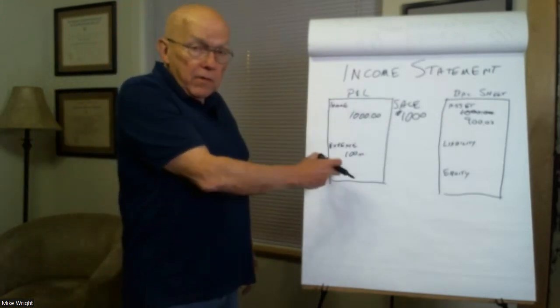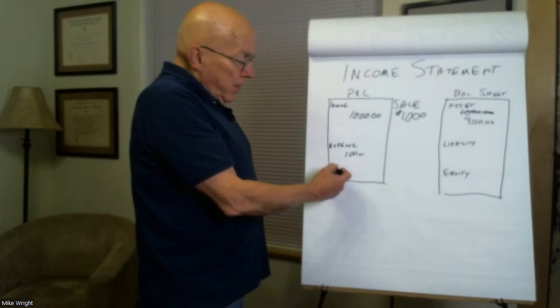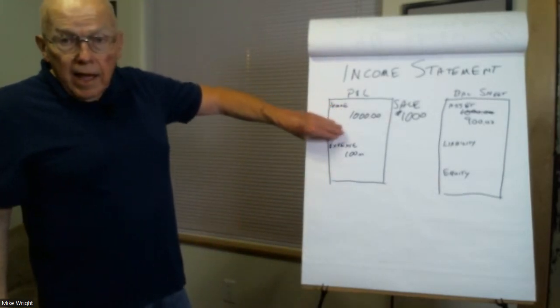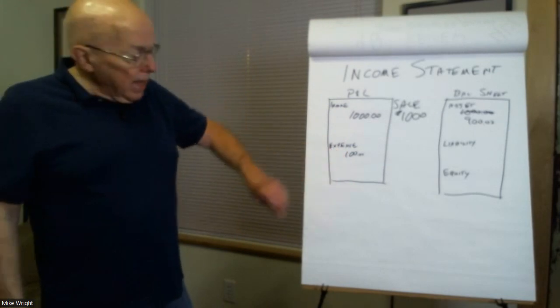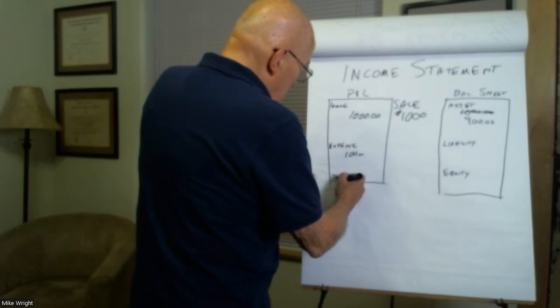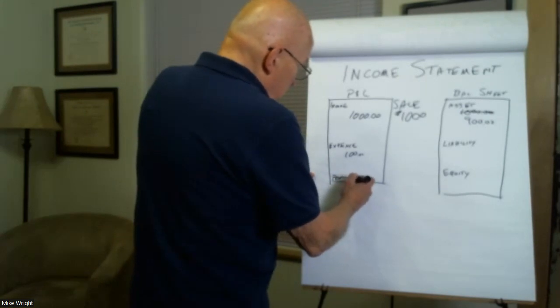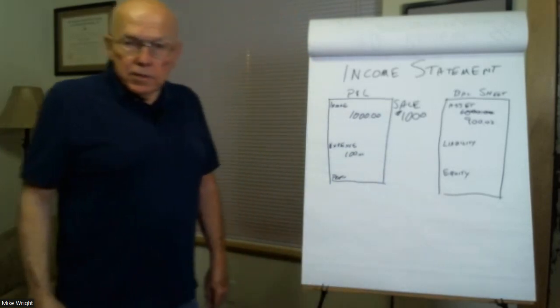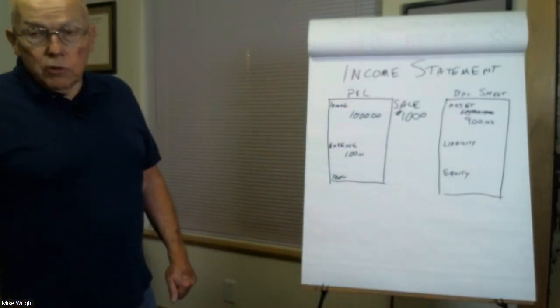Even though on the profit and loss, we have a thing here that shows a total where we take the income and we deduct the expenses, and that leaves us with profit. In this particular case, our profit would be $900. True?